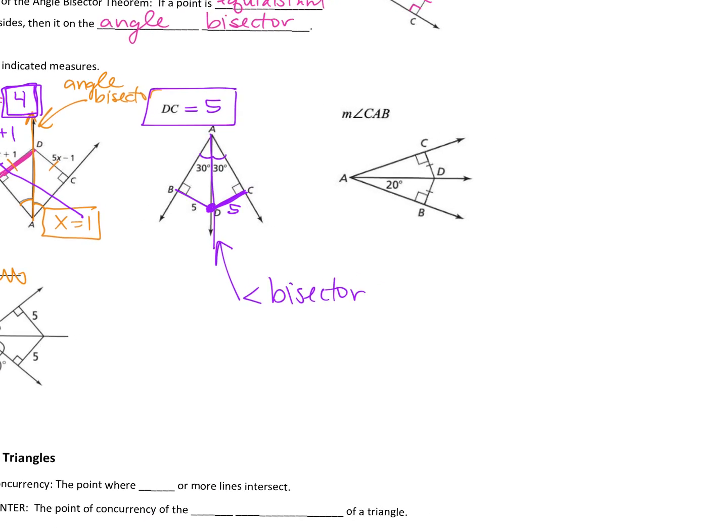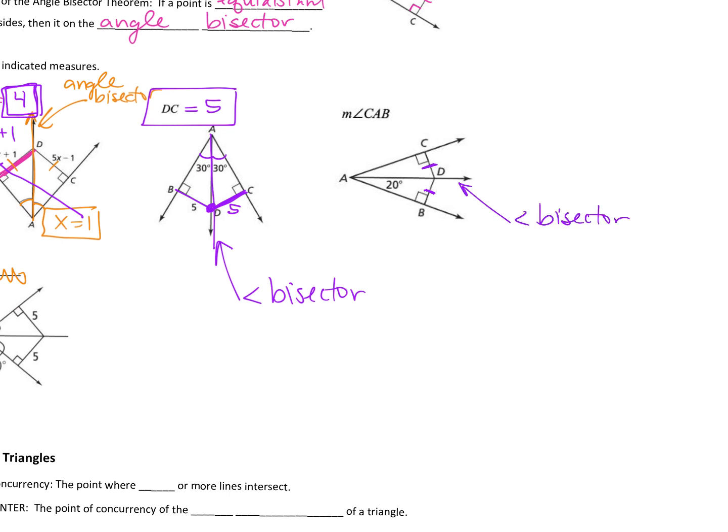Look at the next one. This one's a little different because now they're telling us this is basically using the converse, right? If these distances are congruent, then what is true? The other angle's 20 degrees also. It's an angle bisector, right? If those are congruent, this is an angle bisector.